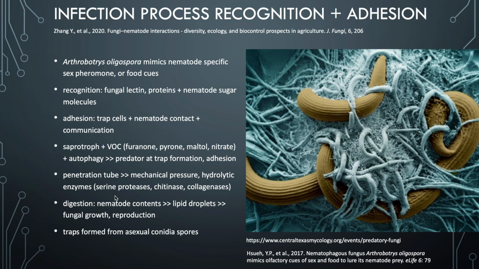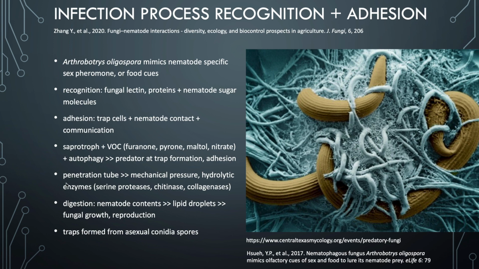Then a penetration tube is formed, and this results in mechanical pressure upon the nematode cuticle, as well as hydrolytic enzymes are released, such as serine proteases, chitinases, and collagenases, to basically disintegrate the cuticle tissue for the penetration tube to have easier access into the nematode.